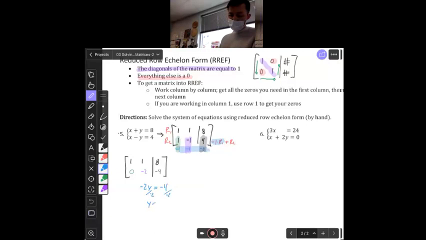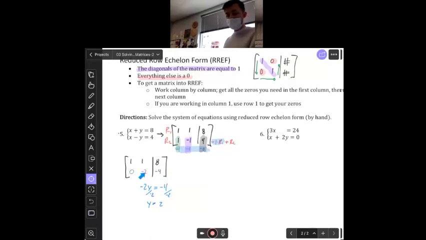So y equals 2. I can turn that -2 into a 1 by just dividing it away. Why that's okay to do is because if I do it to one part of the equation, I have to do it to the whole equation. So -2 divided by -2 is 1. -4 divided by -2 is 2. And 0 divided by -2 is still 0.